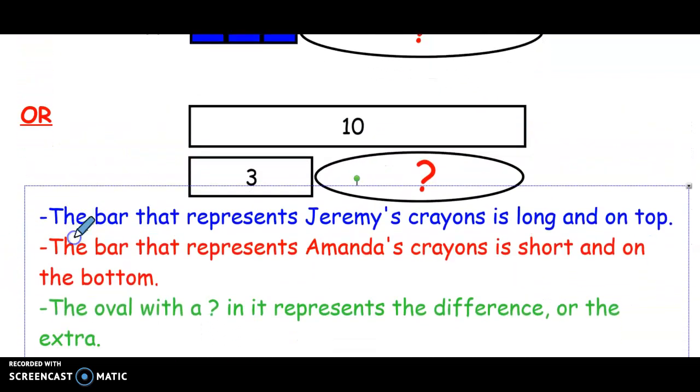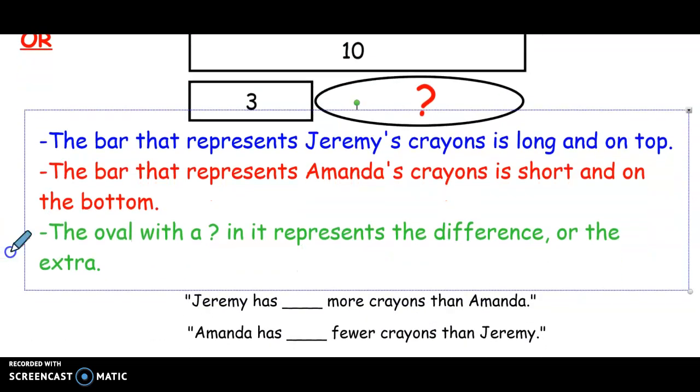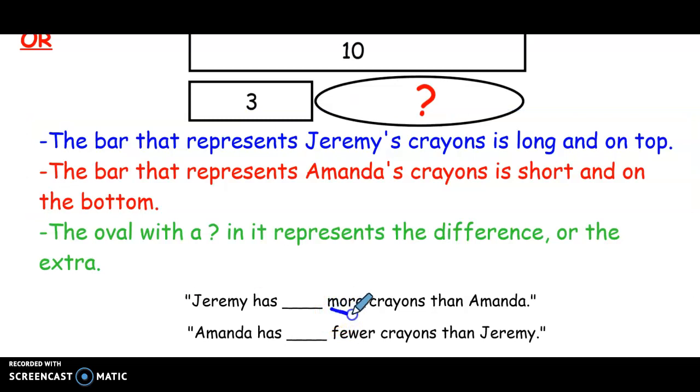So we would say Jeremy has, and this is our answer, the question mark, Jeremy has 7 more crayons than Amanda. Amanda has 7 fewer crayons than Jeremy. When we're doing this comparison, these two are going to be the same number because of these vocabulary words, more and fewer. It depends on which way it's set up, but we know that Jeremy has 7 more and Amanda has 7 fewer. It's the difference, it's in the oval.